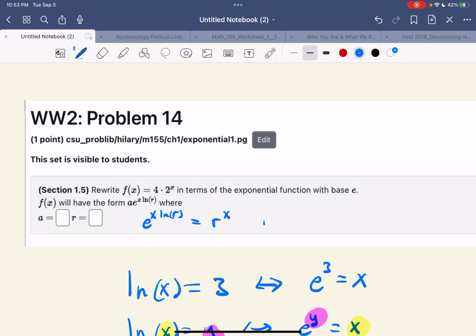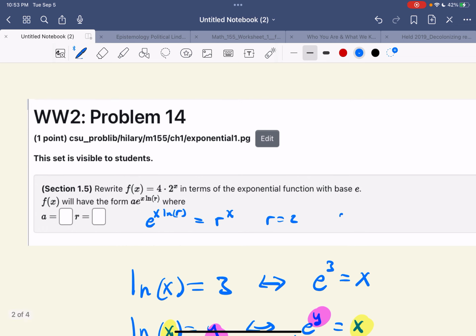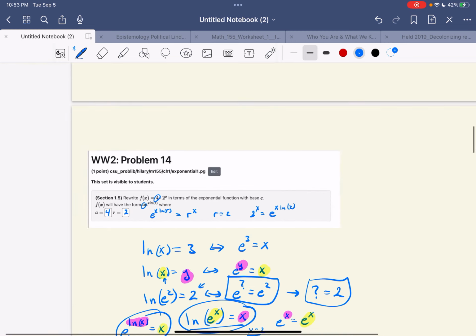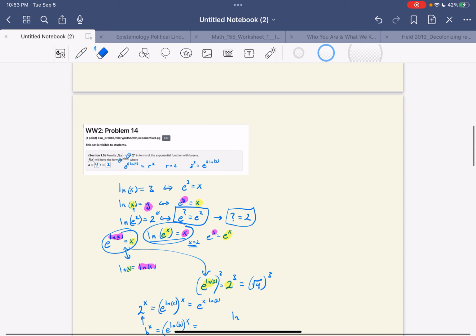You stare at this long enough and you realize r is 2. So 2 to the x is the same as e to the x ln 2. Nope, ln 2. And r was 2. And what is this a here? It's just whatever's out front there. It's 4.